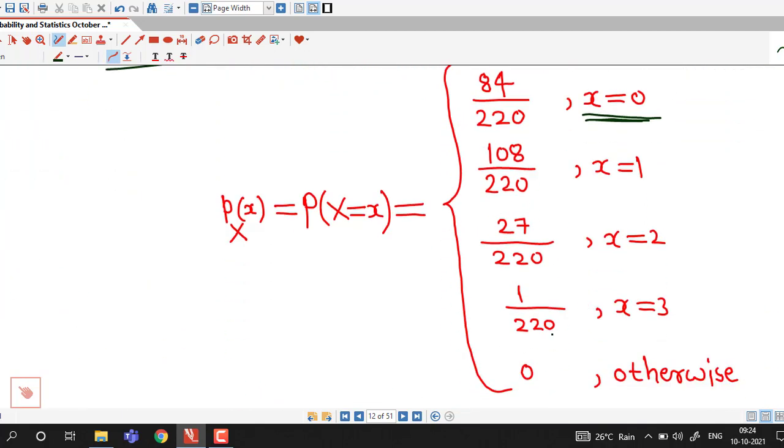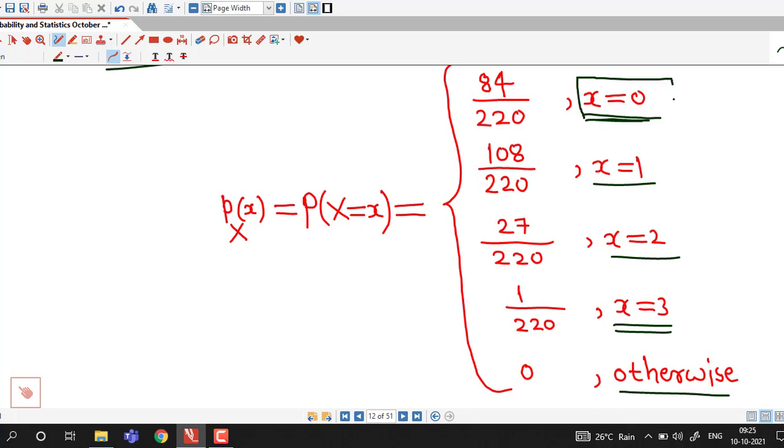So we have written all these values here, the value of the probability mass function of random variable X at x equal to 1, 2 and 3, and 0 otherwise.